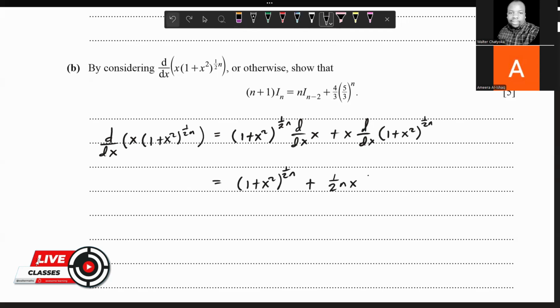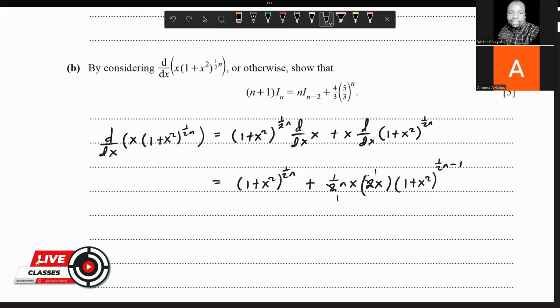So we've brought down the half n, and the x is this x. Then we're going to differentiate 1 plus x squared to give us 2x, right? And we're going to have 1 plus x squared to the half n minus 1. All right. Is this better? Do you understand how I've done this? Yes.